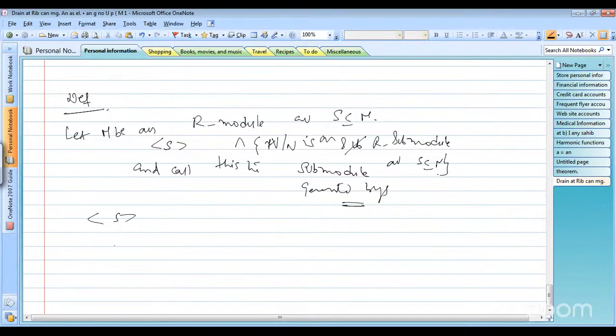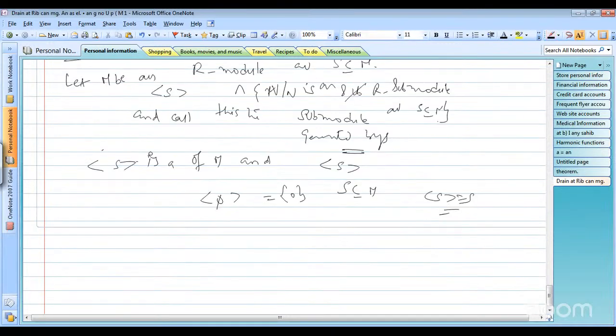The generator of X is a submodule of M, and in fact it is the smallest submodule of M containing S. Therefore, the generator of phi is equal to 0 for any subset of M, and the generator of S is equal to S only if S is a submodule. The following is the description of the elements in the generator of S.